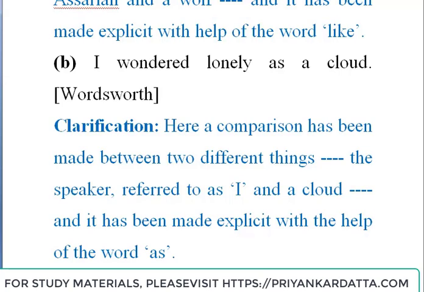If you are told to clarify the use of simile in this expression, you have to write in this way. Here a comparison has been made between two different things. Then you will have to point out the two different things. That is the speaker who has been referred to as I, and the other thing is a cloud. And you will have to add that it has been made explicit with the help of the word as.